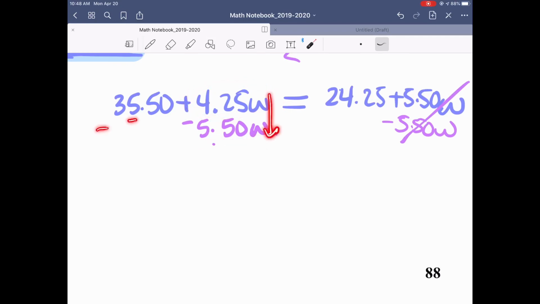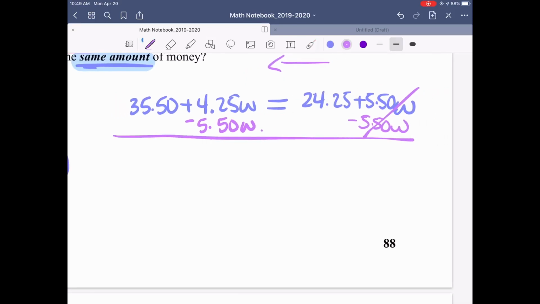I can't minus 5.5W from 35.50 because they're not like terms. So that's something that you have to make sure you remember. Okay, so here we still have this 35.50, but once we subtract 4.25 minus 5.50, we get negative 1.25 W's.